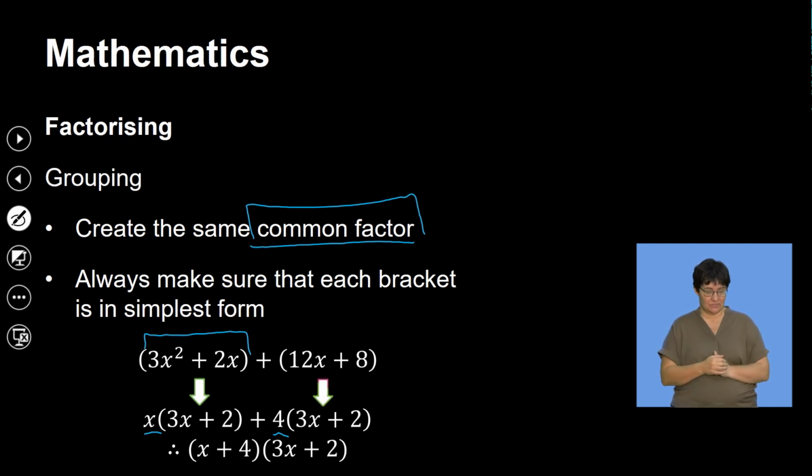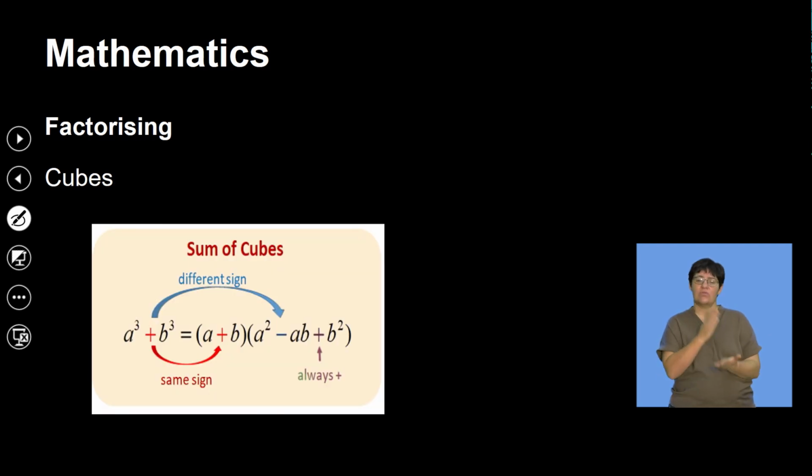Then the last step will be, if I take out the common factor of 3x plus 2, I will be left with x plus 4 in one bracket and then 3x plus 2 in another bracket. So that's what grouping is about. You are creating the same common factor and making sure that each bracket is in its simplest form.